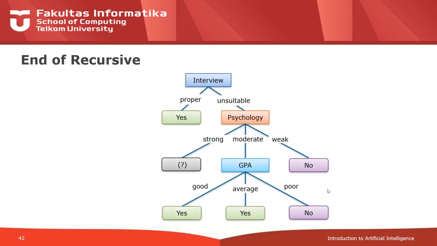So this is the end of the algorithm, and this is the result of the ID3 algorithm, and the result is a decision tree that we can then use to predict when given an unknown applicant whether that applicant will be accepted or not, decided by using this decision tree.